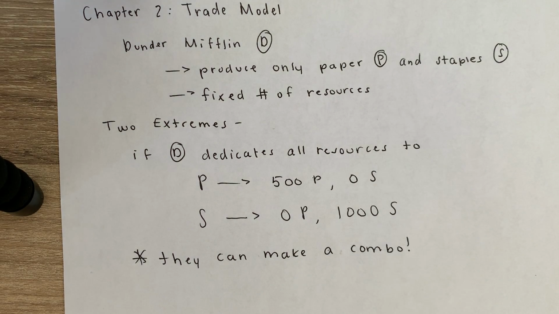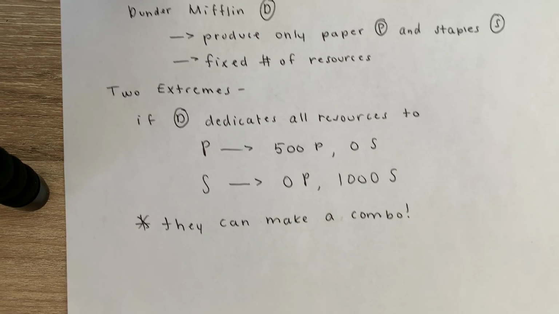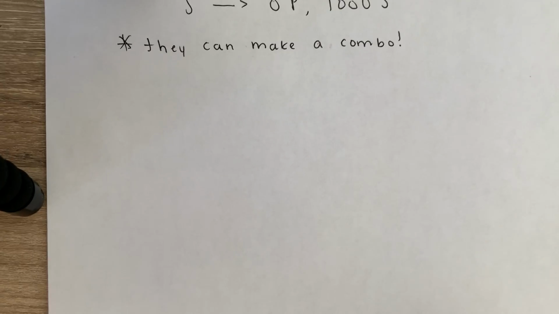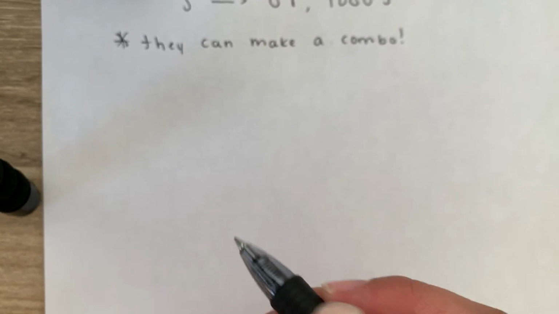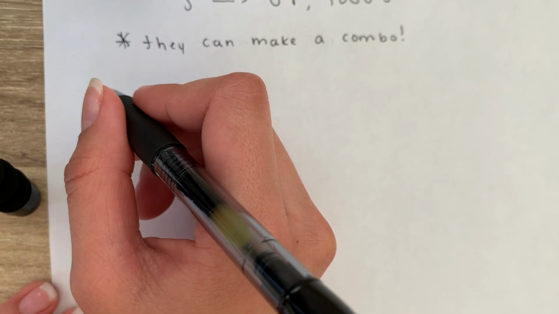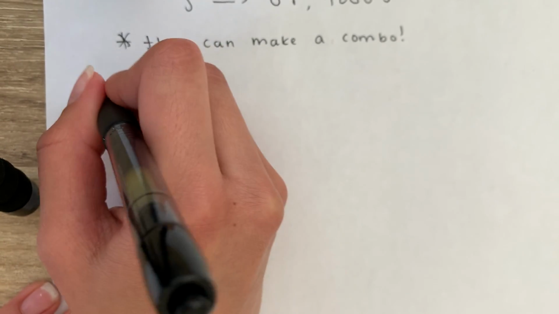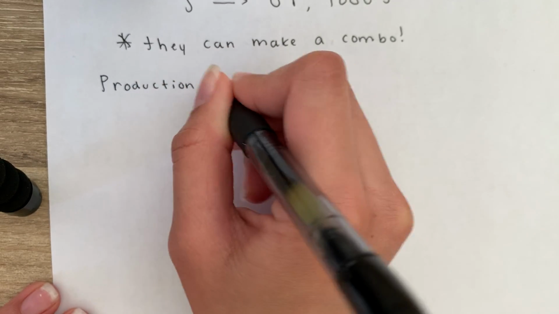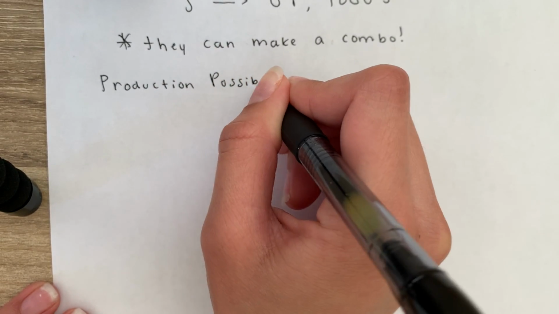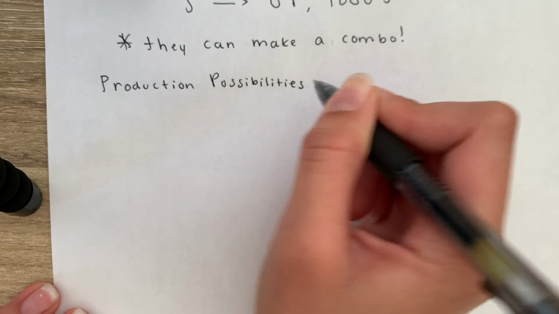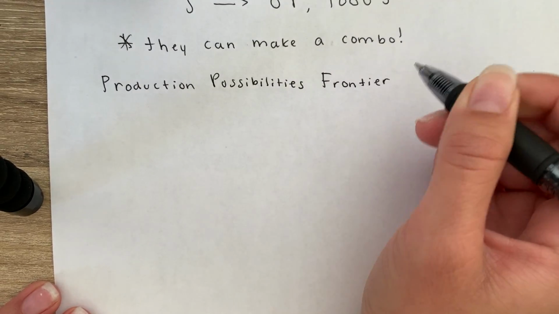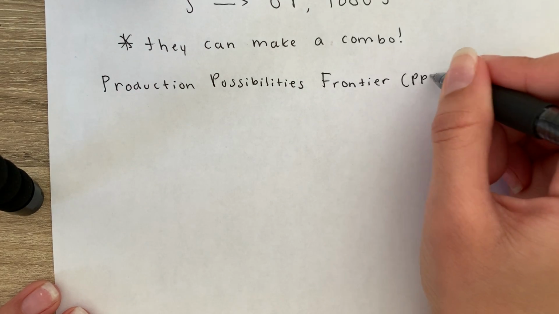So let's draw the production possibilities frontier. Hopefully this is not blurry. There we go, okay. So we have a production possibilities frontier, a PPF.